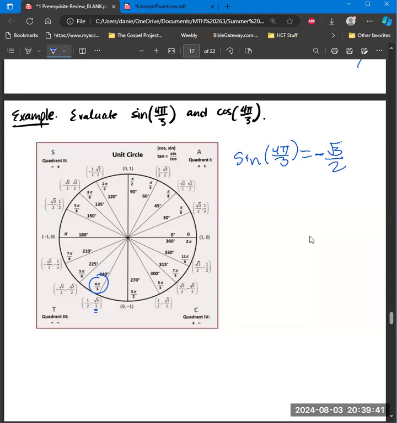Remember that positive angles are measured counterclockwise from the positive x-axis. Negative angles are measured clockwise from the positive x-axis. Cosine of 4 pi over 3 is going to be negative 1/2.